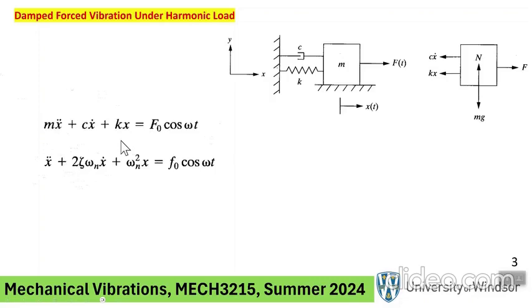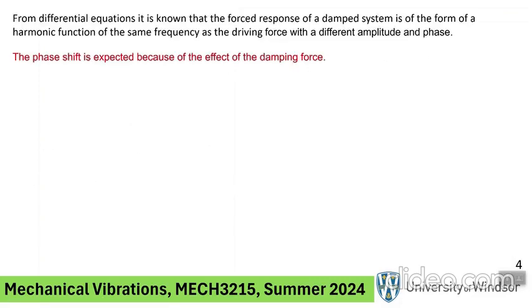And k over m obviously is the square of the natural frequency, omega n squared. And then this quantity, little f0, is simply the big F0 divided by m. So this is what we're dealing with.